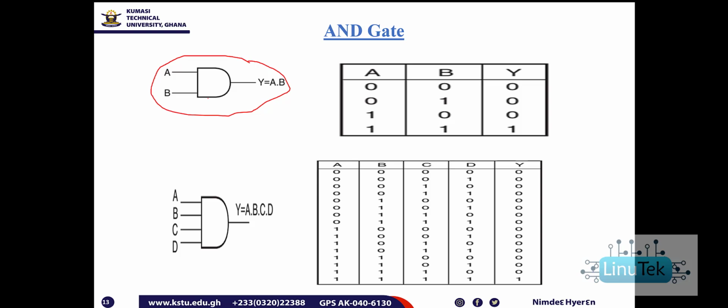You would only get an output of 1 when all the inputs are 1 or on or high or true. Similarly, for a 4-input AND gate, the output would be Y equals A AND B AND C AND D. And this gives us the corresponding truth table as you see here.